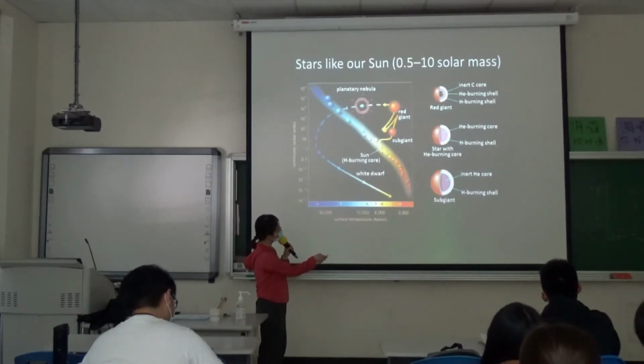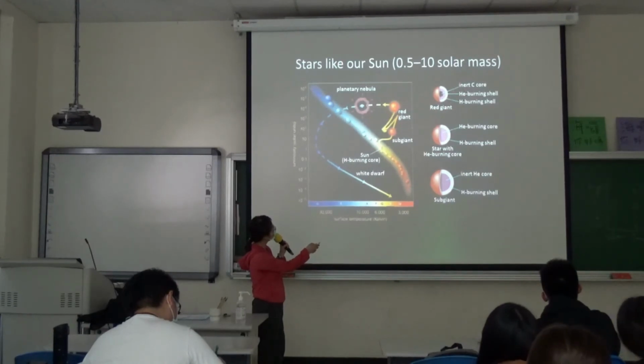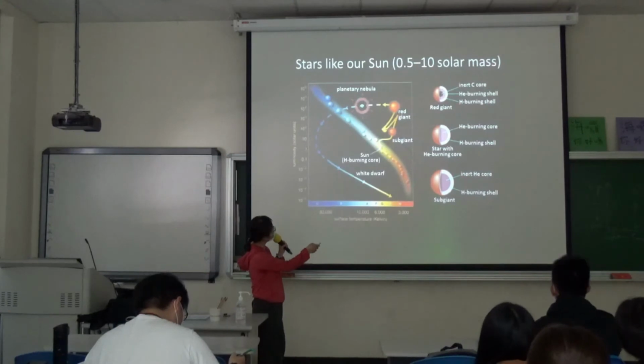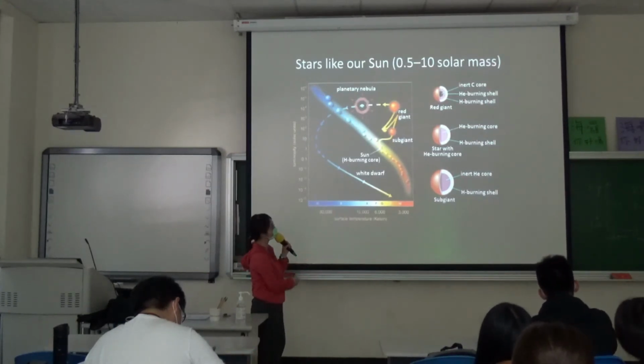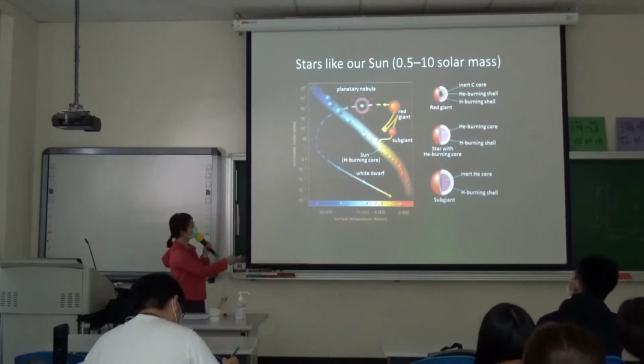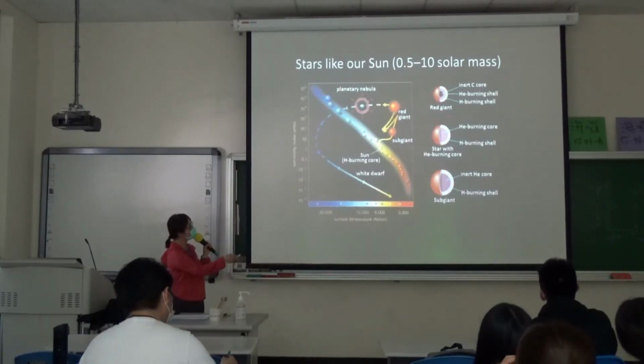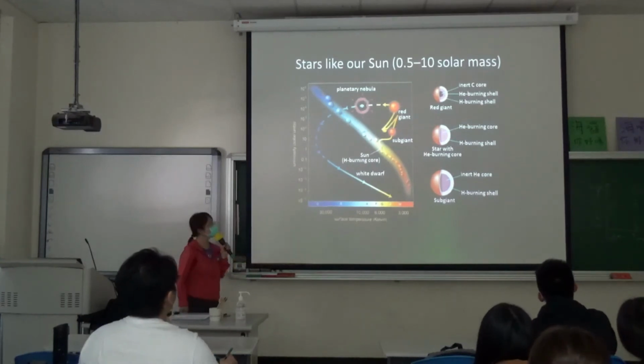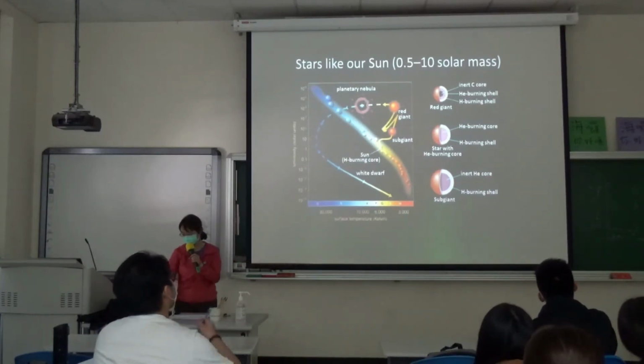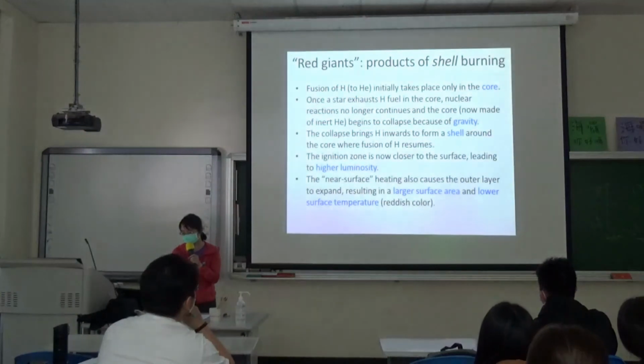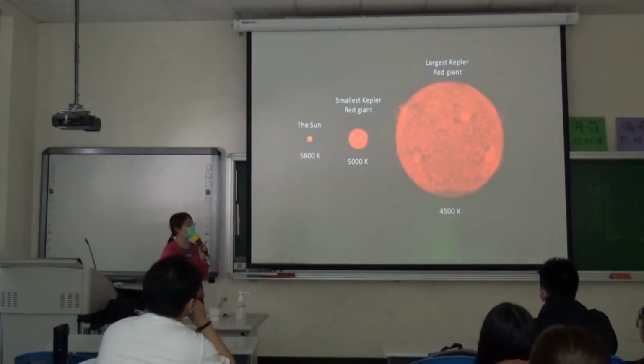At the red giant stage, it will have an inert carbon core, a helium burning shell, and a hydrogen burning shell. So basically, different giant stages represent different onion structures. So that's shell burning, and that's the relative size of today's sun and the red giant.